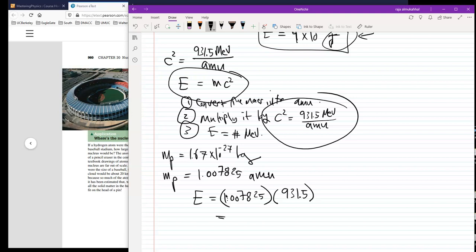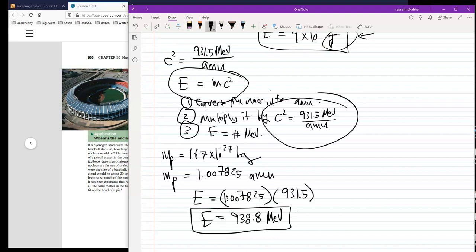So we have 1.007825 times 931.5. Answer: 938.8 mega electron volt. There it is.